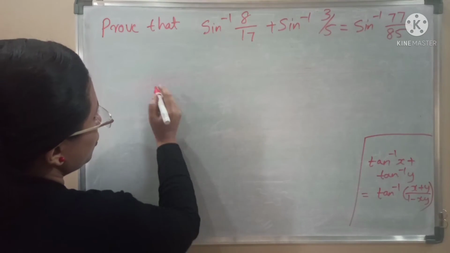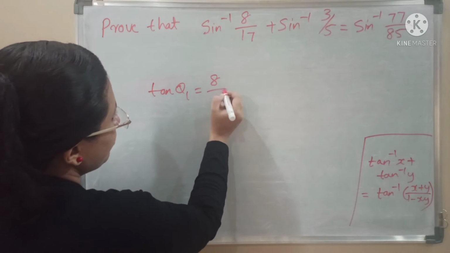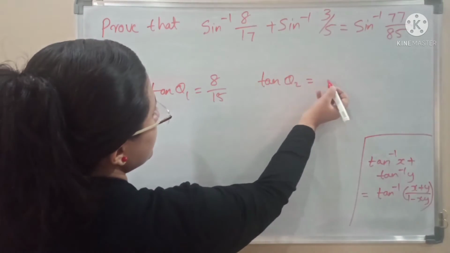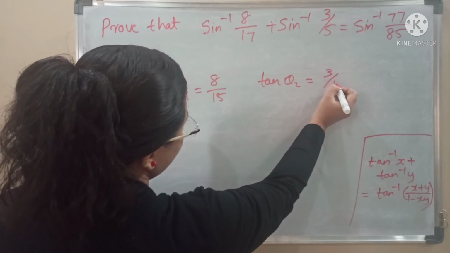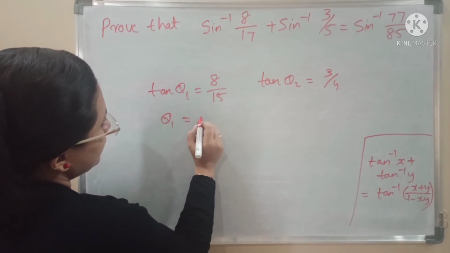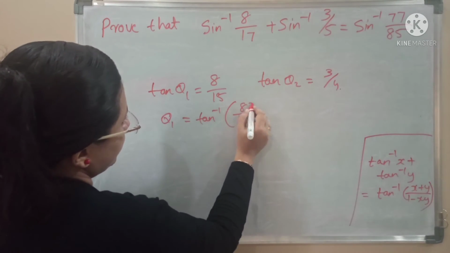I will show you. So tan theta 1 we got as 8/15, right? Tan theta 2 was 3/4, right? So what is theta 1? It will be tan inverse of 8/15.